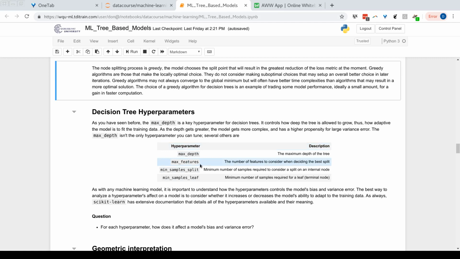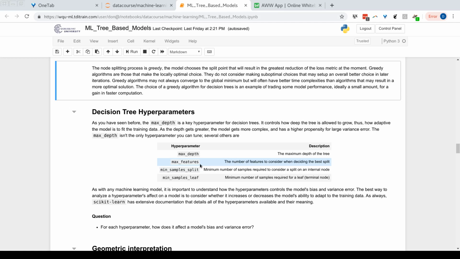Let's look at max features. This is another hyperparameter we can control for decision trees. It's the number of features to consider when deciding the best split. In our discussion before, when training the model, it looks at all possible thresholds for all possible features and uses those as candidates when performing a split.